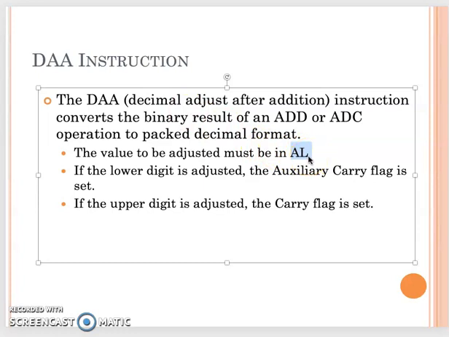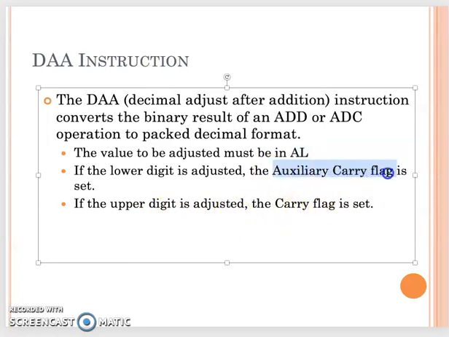The logic underneath actually uses the auxiliary carry flag. If the lower digit needs to be adjusted, the auxiliary carry flag will be set. If the upper digit needs to be adjusted, the carry flag is set.